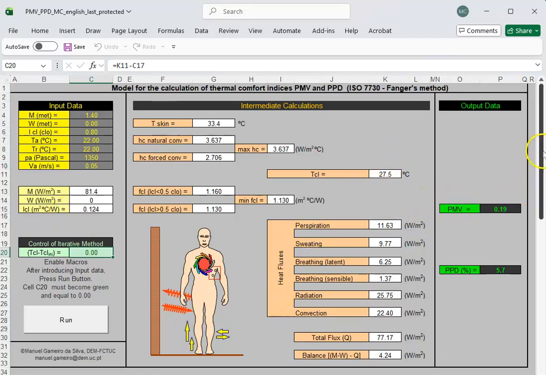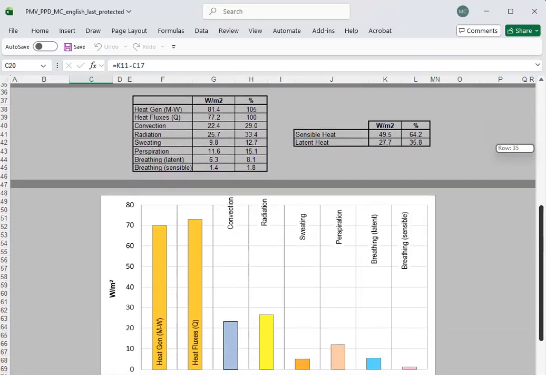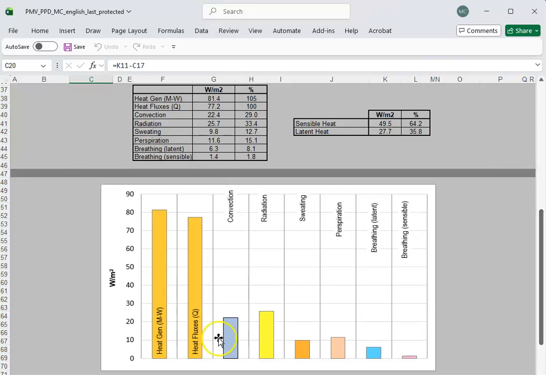In this Excel file, we have also the possibility of having the graphical representation of the different terms in the equation. So here we have the generation of heat in the body, the sum of all the heat fluxes, and here the breakdown of the considered heat fluxes.